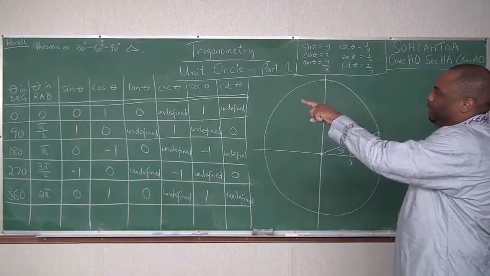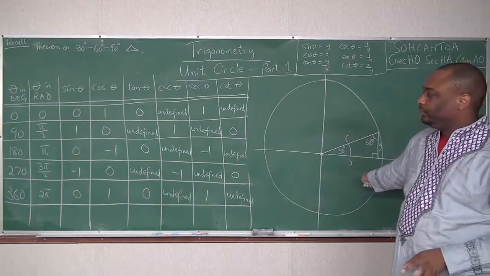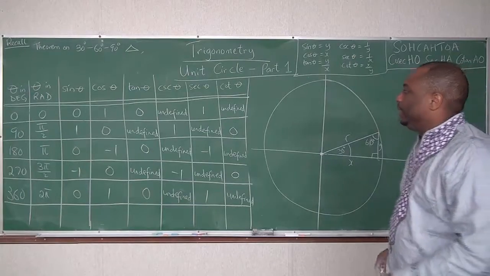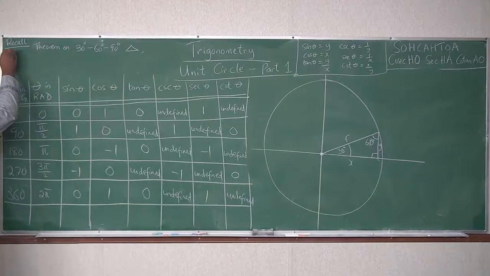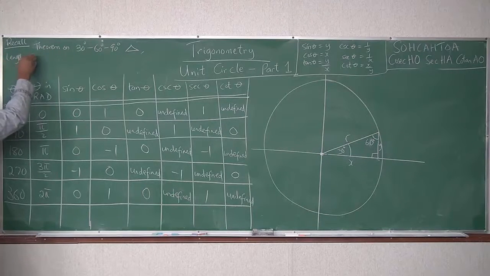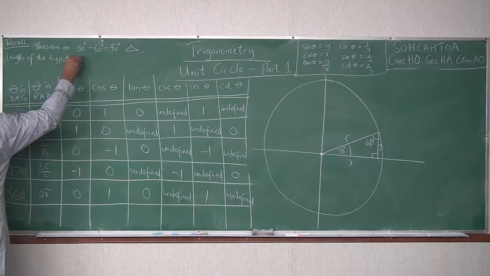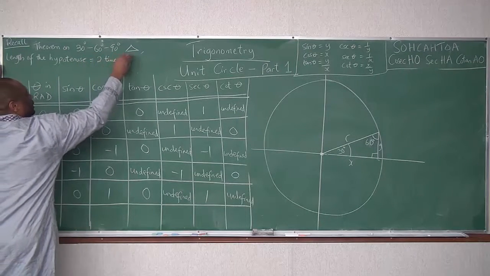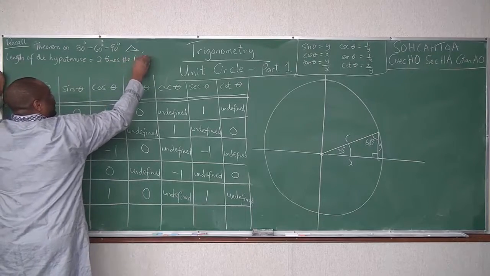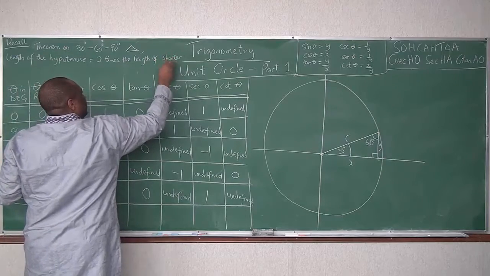Okay, now look up. In our theorem on 30, 60, 90 degrees, we see that the length of the hypotenuse is equal to 2 times the length of the shorter leg. These are the legs.